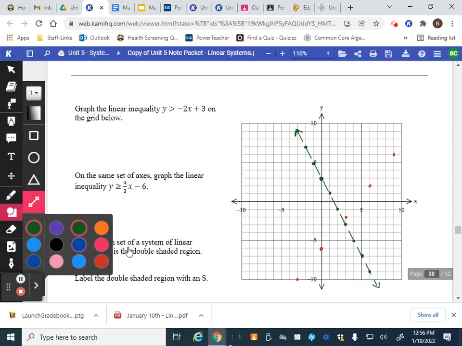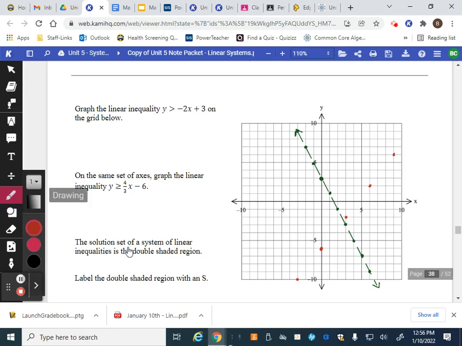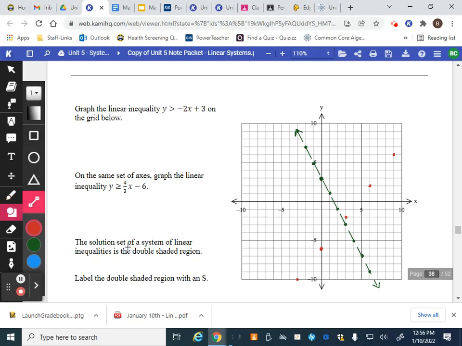And this line is going to be a solid line because it's greater than or equal to.